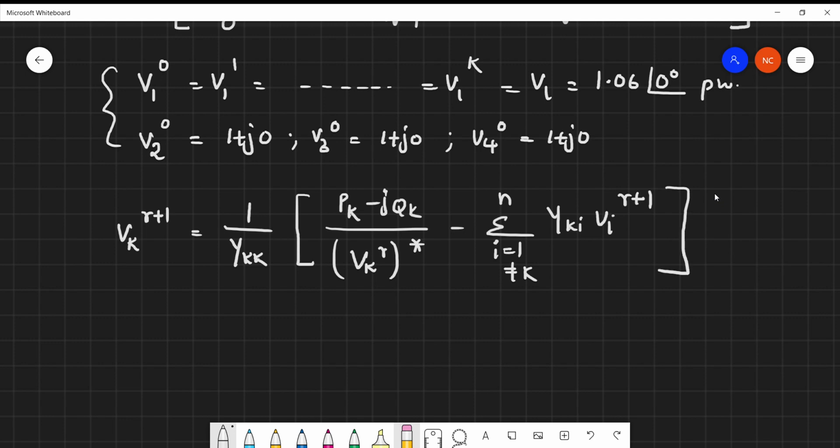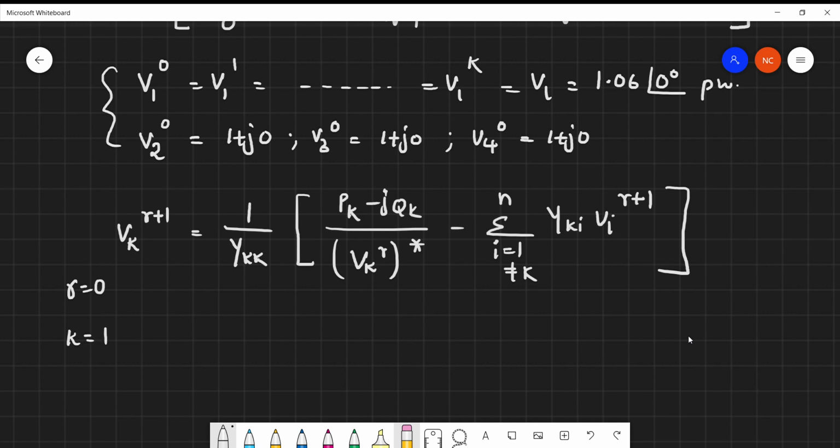Okay, so now for the first iteration the r count will be 0. First iteration means every bus voltage needs to be updated. So at that point we can conclude that the first iteration was completed. So when r equals 0, I'm counting k as 1.